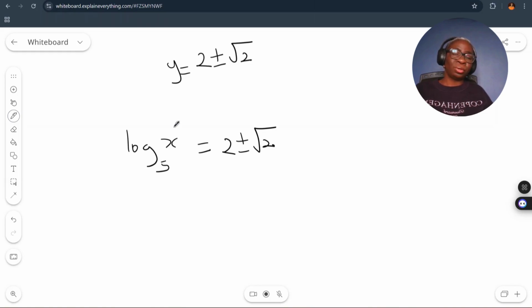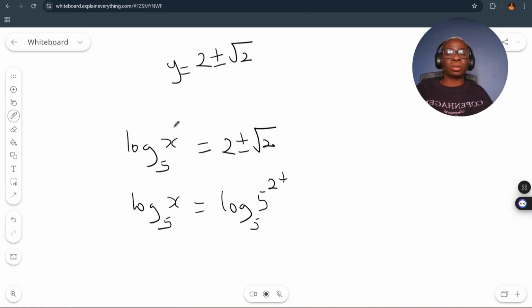Then we'll have to introduce log to the other side so that we'll have log x base 5 to be equal to log 5 base 5, and then what we have here will become the power, 2 plus or minus root 2.